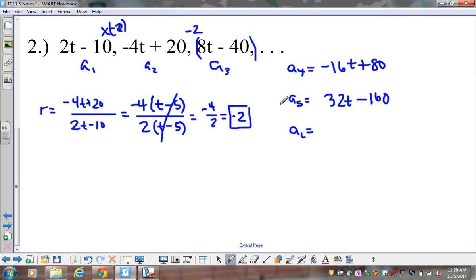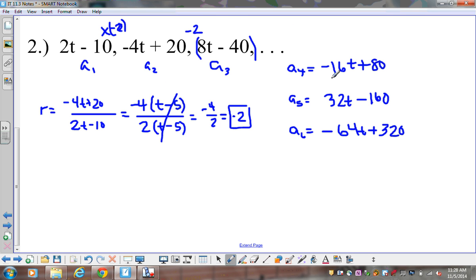So 32t times -2 is -64t, and then -160 times -2 is going to be +320.